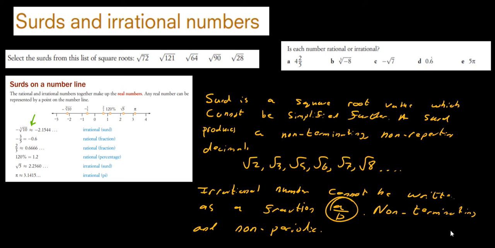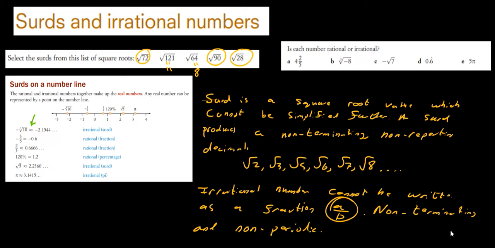They're not periodic. Okay, so from the list there, can you identify the surds? Pause the video and see if you can identify the surds. Okay, so this is equal to 11, this is equal to 8. So the surd values, definitely root 72, definitely root 90, and definitely root 28.